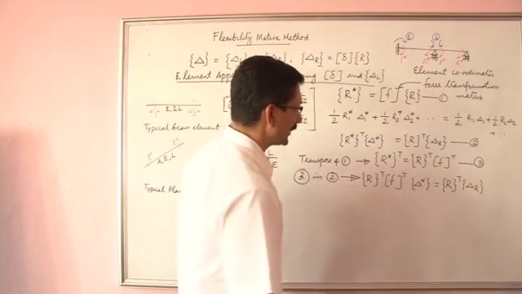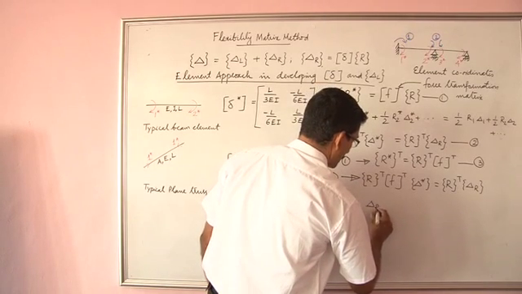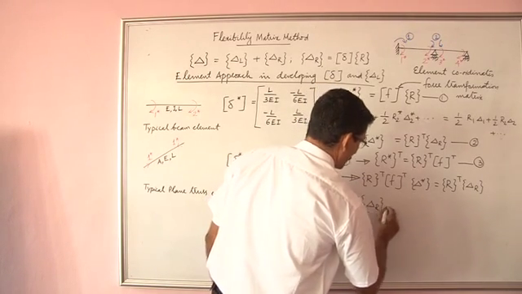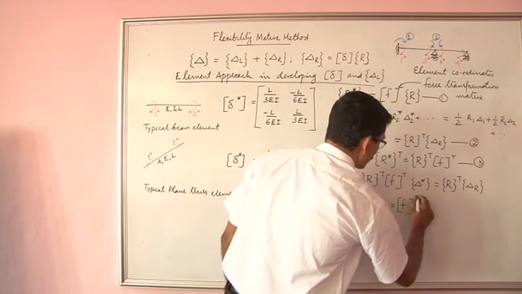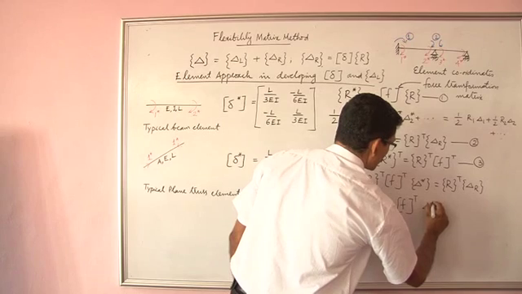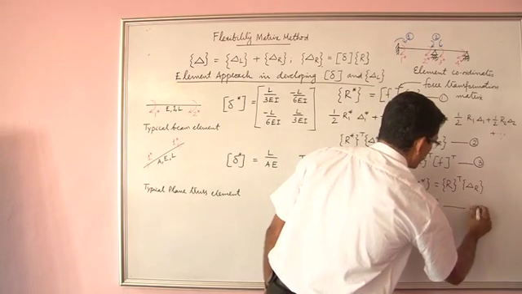So we can obtain the relation as delta R is equal to F transpose delta star. Let that be equation number 4.